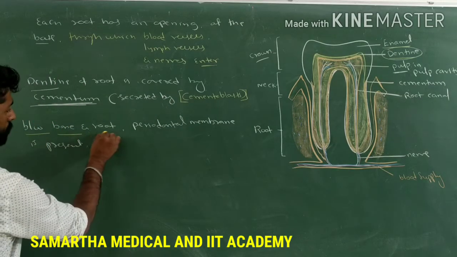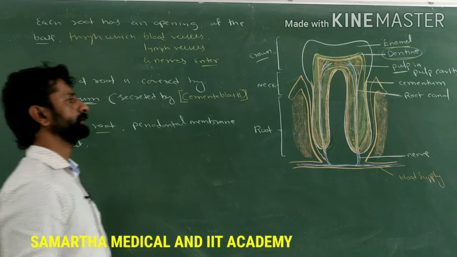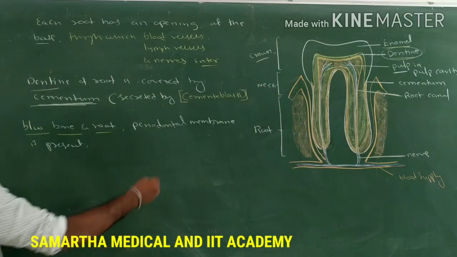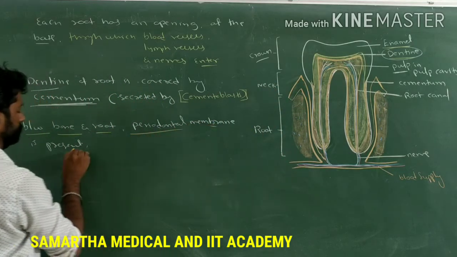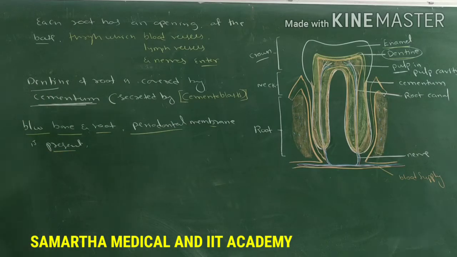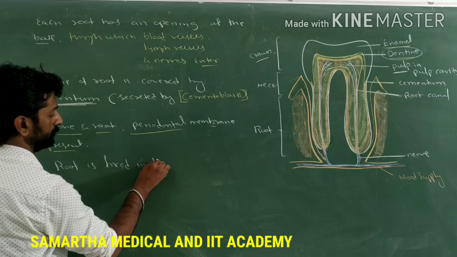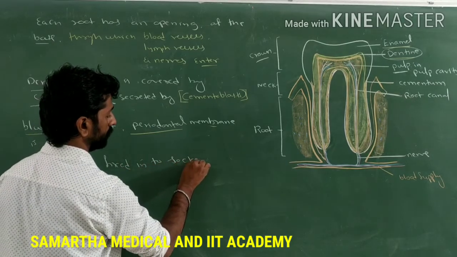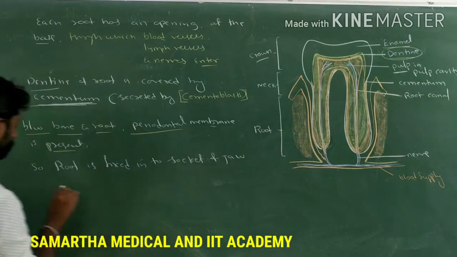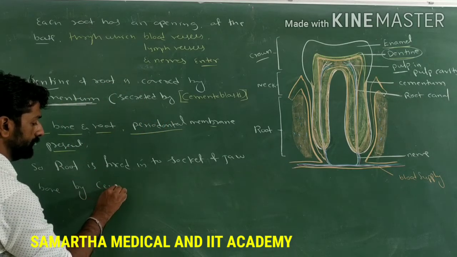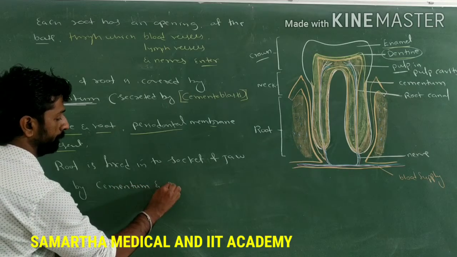Between the bone of the jaw and the root, there is a membrane called the periodontal membrane. The root is fixed into the socket of the jawbone by the cementum and the periodontal membrane.